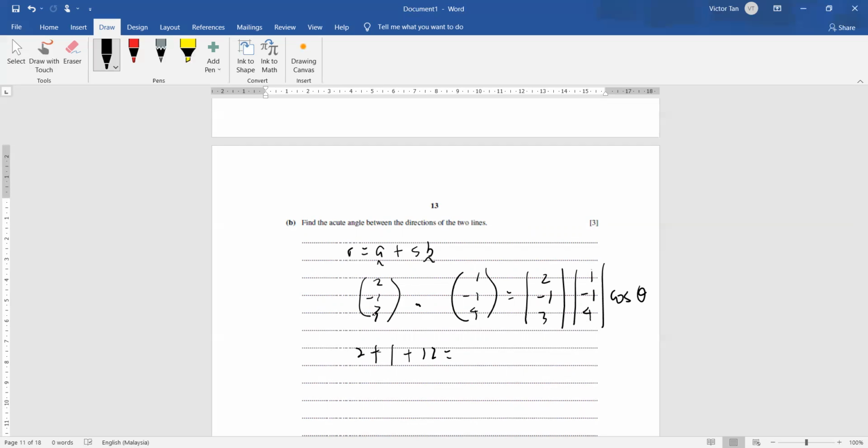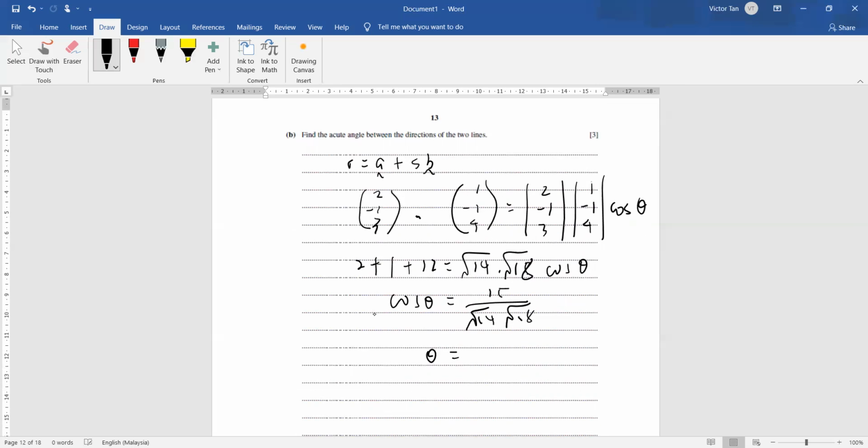The magnitude of the first is the square root of 2 squared plus 1 squared plus 3 squared, 4 plus 1 plus 9, square root of 14, times the square root of 1 plus 1 plus 16, square root of 18. So cos theta equals 2 plus 1 plus 12, which is 15, over square root of 14 times square root of 18.